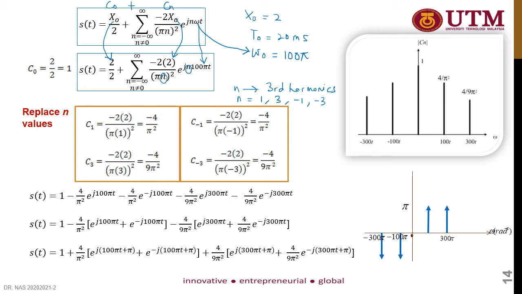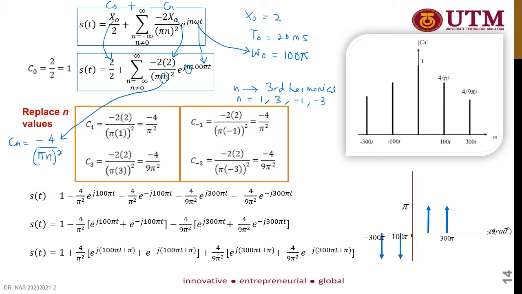So then this is the Cn. The Cn equation is Cn equal to -4 divided by pi n squared. From here, you then calculate your Cn.